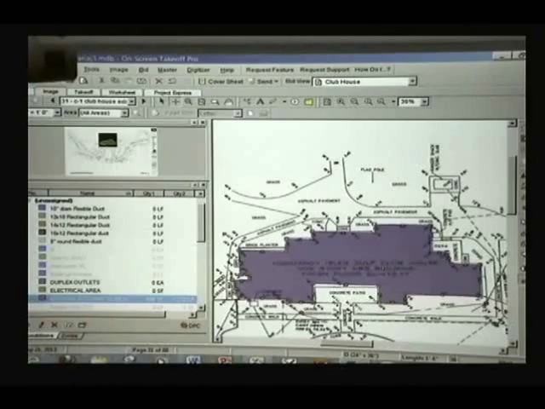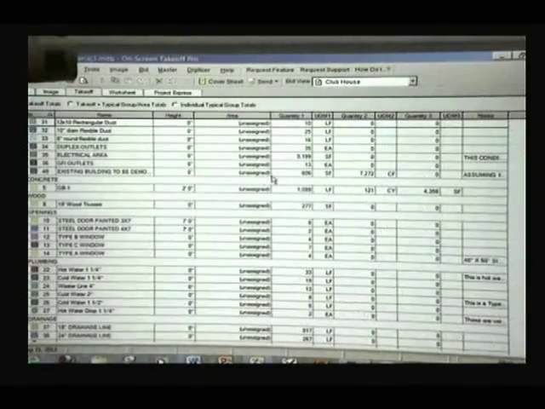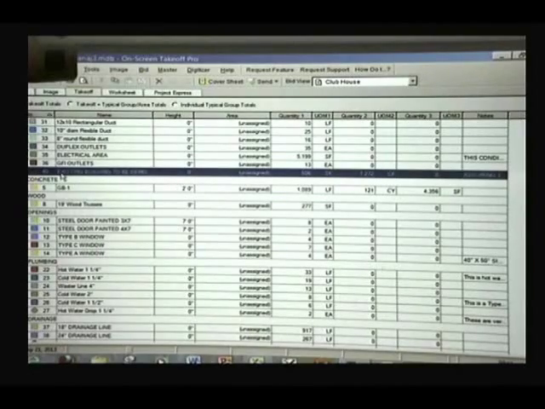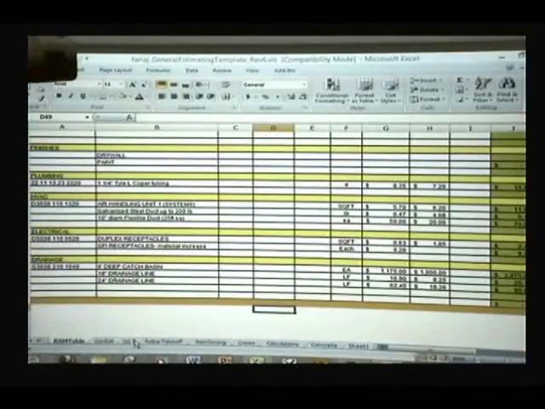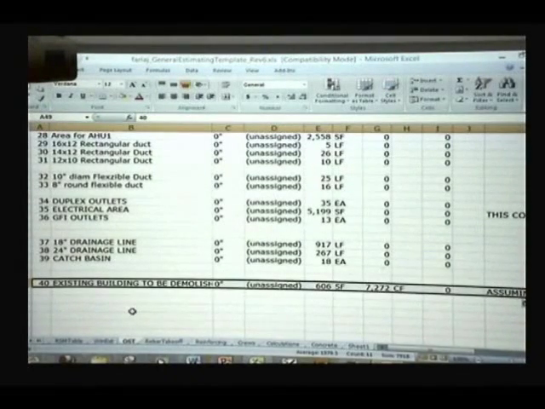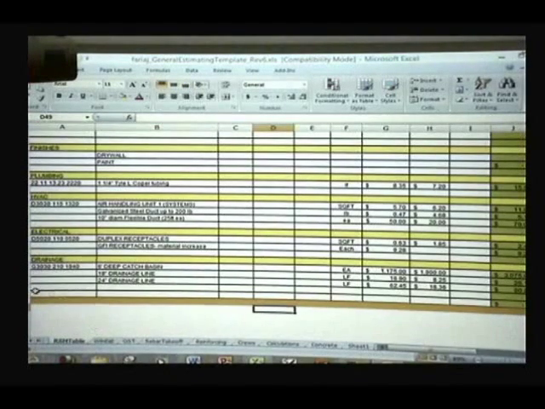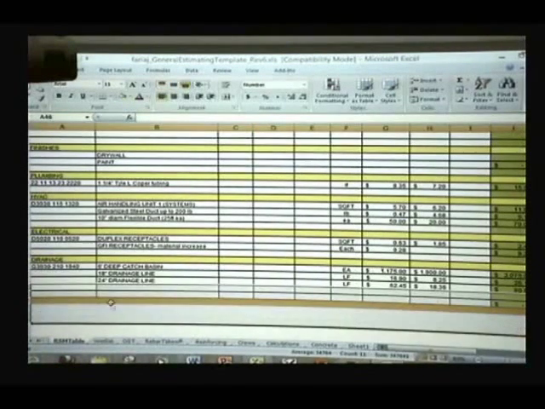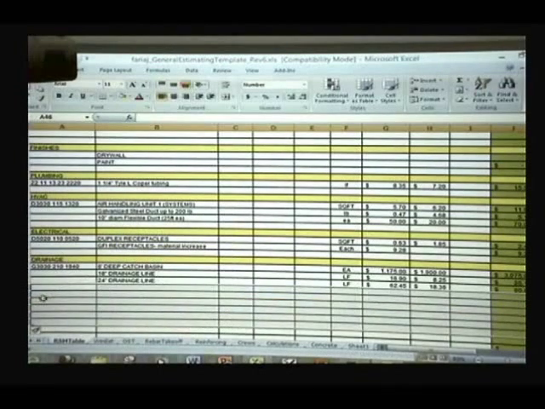Okay? So now I can go to the takeoff, and I have here the demolition cost, so the demolition area. So I go to on-screen takeoff, paste that over here, and then I will have a demolition cost here.